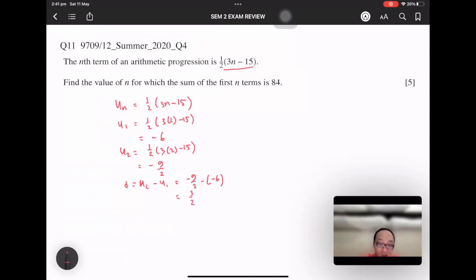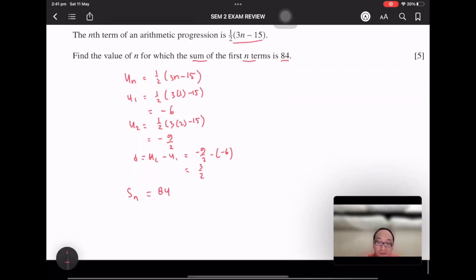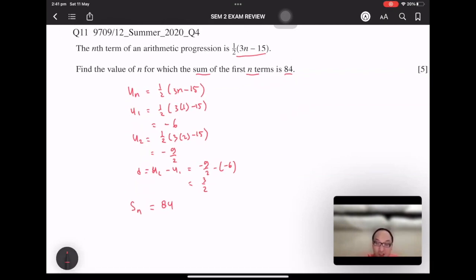So we can find the Sn. The sum of the first n terms is 84. So Sn equals 84. And we can find using the formula. So I can use the formula n/2 times the first term plus the last term equals 84.